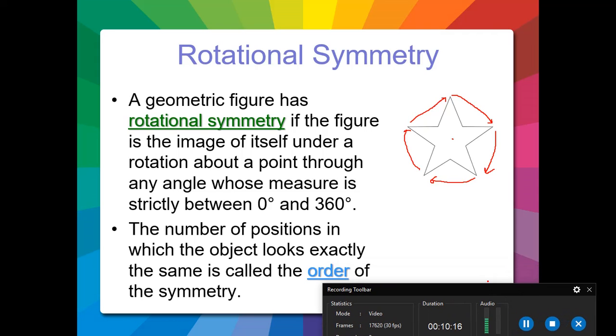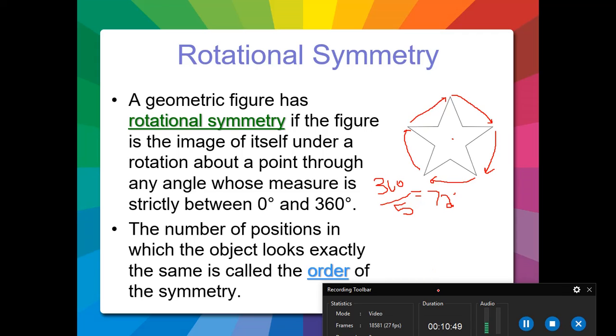When you spin your object, because it has rotational symmetry, it should look the same no matter how many degrees you turn it. So in this case, we are turning it 5 times. So we have a rotation of 72 degrees, and I would have 360 divided by the 5 points on the star, and that would tell me every time I turn this 72 degrees, I'm going to see the exact same shape.